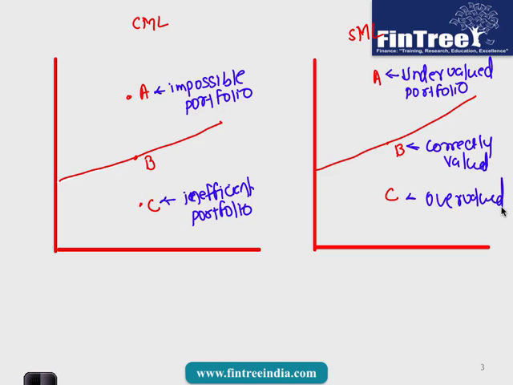So here in CML, you are not given the benefit of security selection. Here in SML, it allows for active portfolio management. It gives us the benefit of security selection.